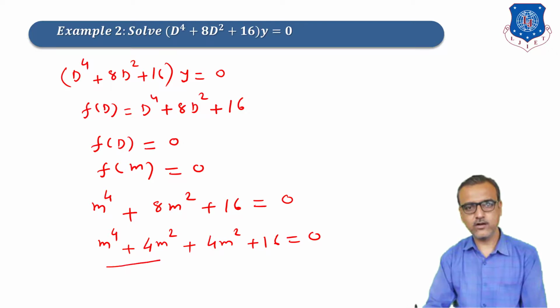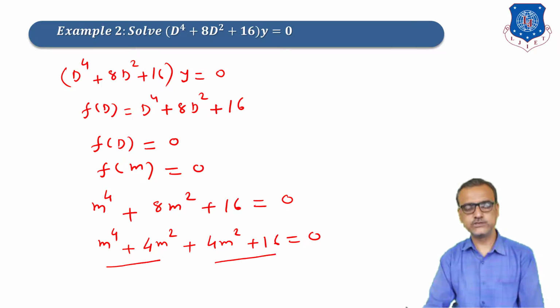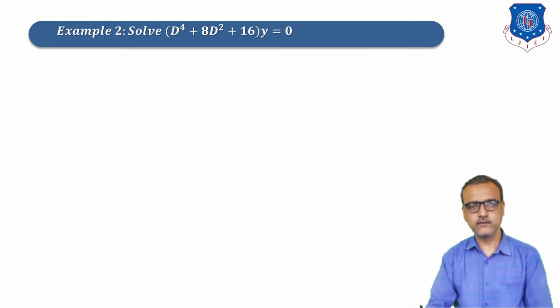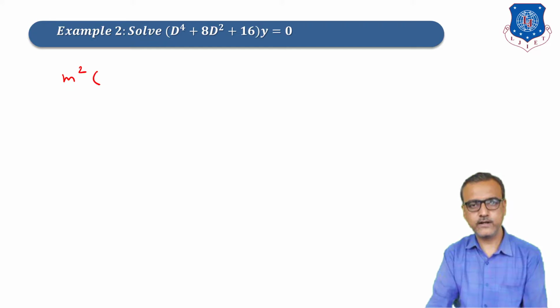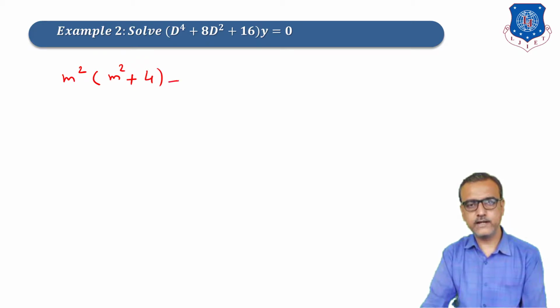Now we will take common from these two terms and common from these two terms. If we take common from the first two terms, the common is m square. So into bracket we have m square plus 4. Now if we take common 4 from the remaining two terms, we have m square plus 4 into bracket, and that is equals to 0.